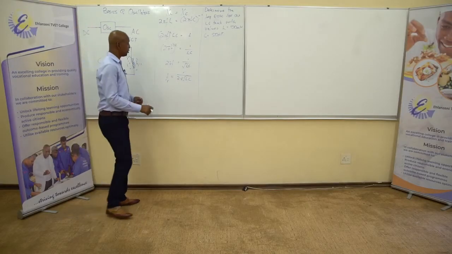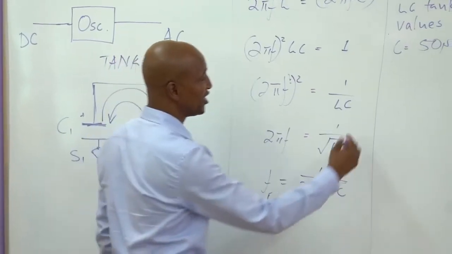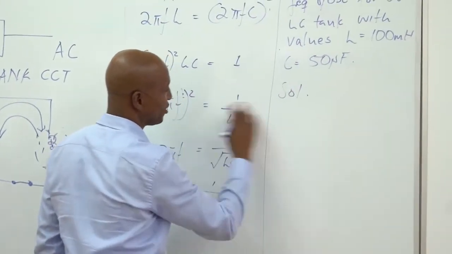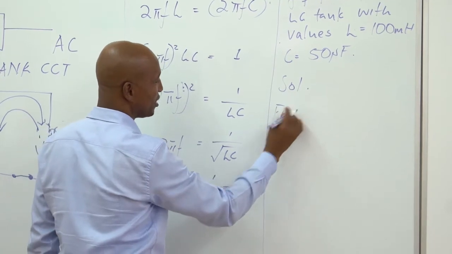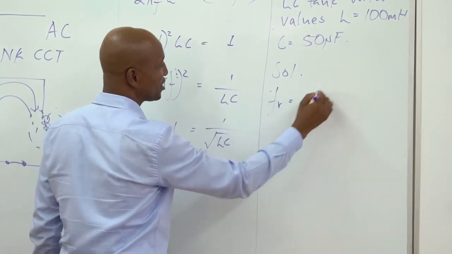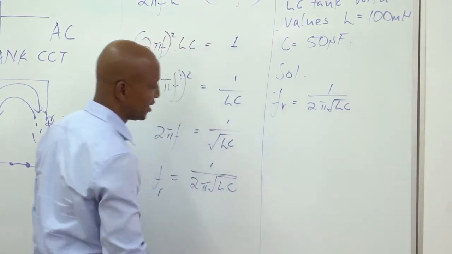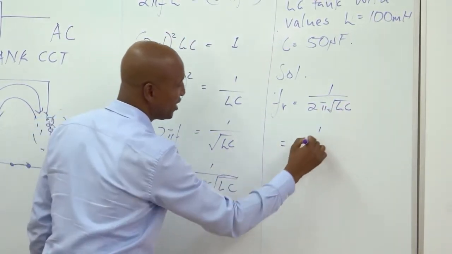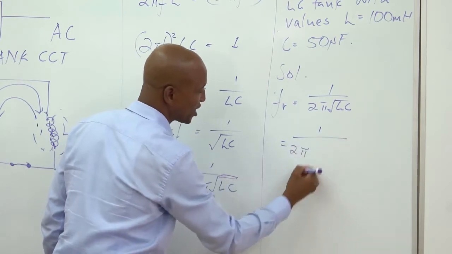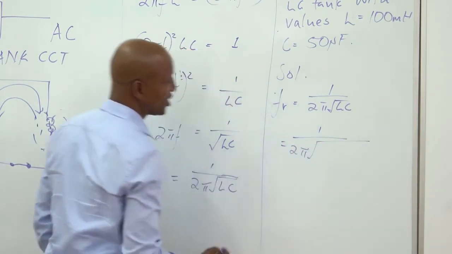For you, you now know that the frequency of oscillation, FR, is equal to 1 over 2 pi square root of LC. Let's substitute: 1 over 2 pi, which is a constant, the square root. What's the value of L?